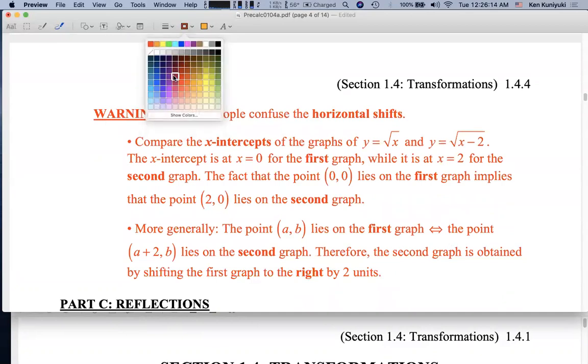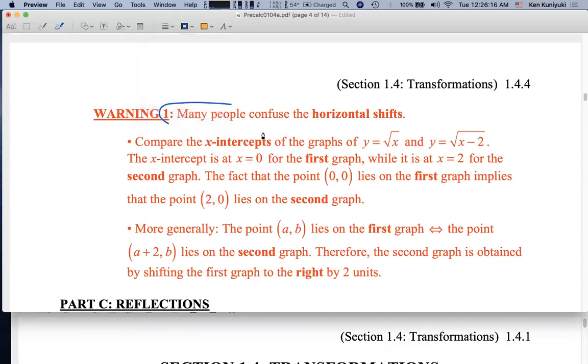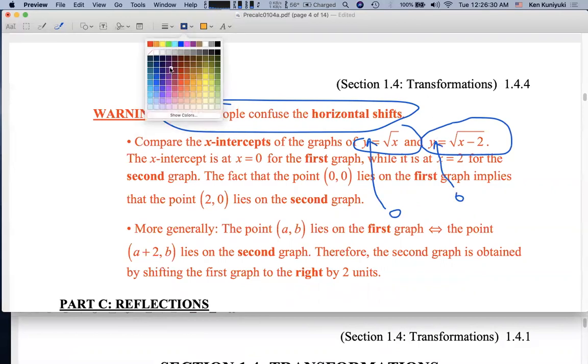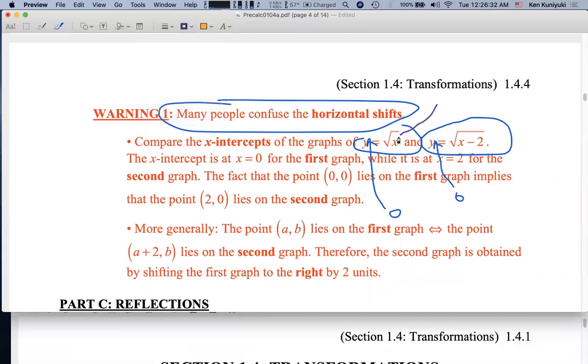In case you're confused about horizontal shifts, consider the x-intercepts of y equals root x versus y equals root x minus 2. We're asking what values for x will make y equal to 0. Here, it's when x equals 0. Here, it's when x equals 2. So the old graph had an x-intercept at 0, 0.